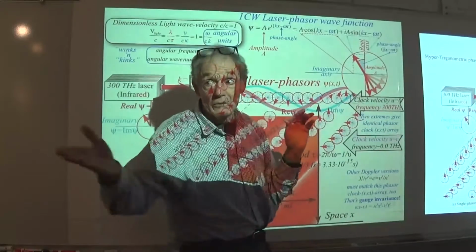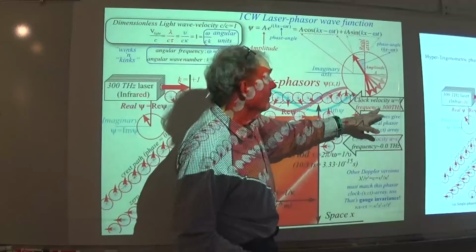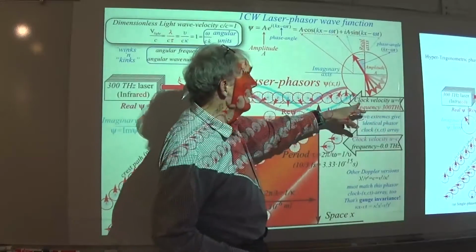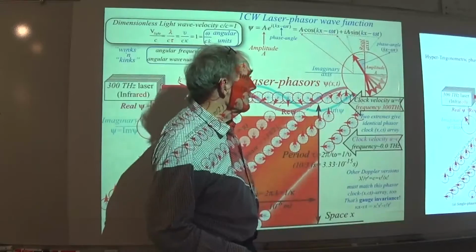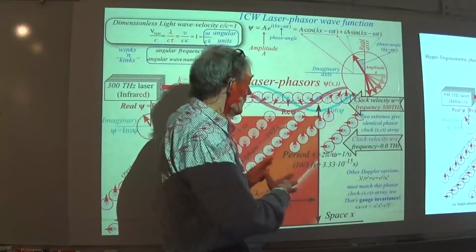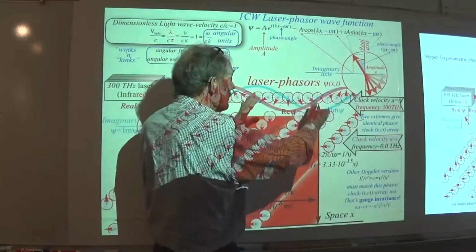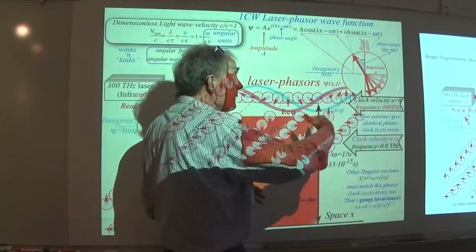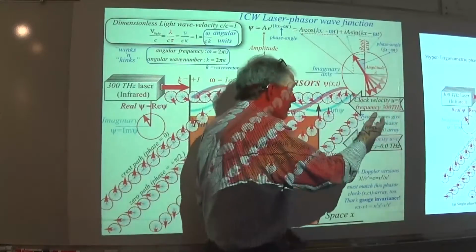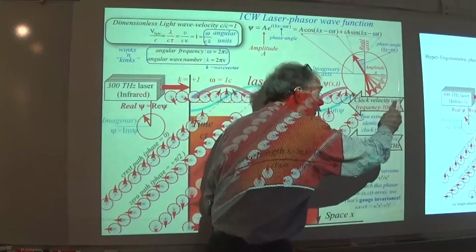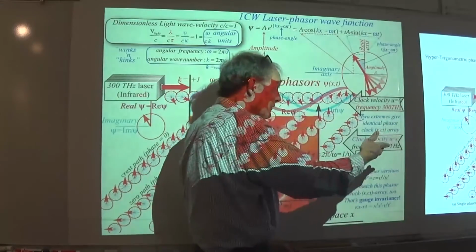That's our basic frequency that we're going to be plotting from, an infrared frequency. And the clock velocity, the clocks that you're actually looking at here that are turning and giving you the time, are attached to the Earth, basically. Their velocity is 0, and they have a frequency of 300 terahertz.